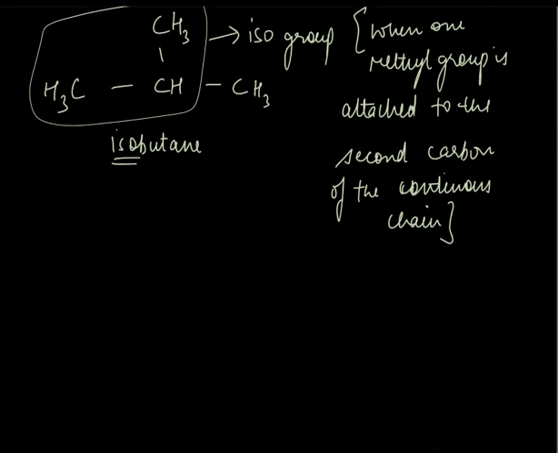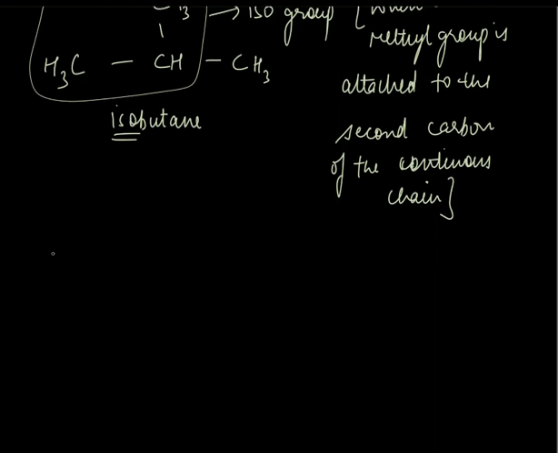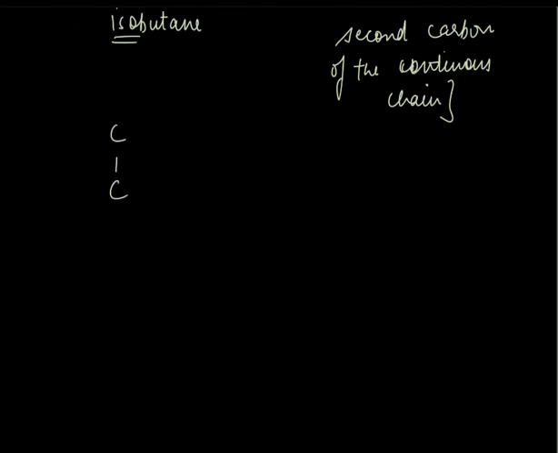Then after that we have another prefix, that is neo. If you want to write the IUPAC name of this, you can actually write it, so that we'll do in a minute. This is what we call neopentane. Why do we say that?